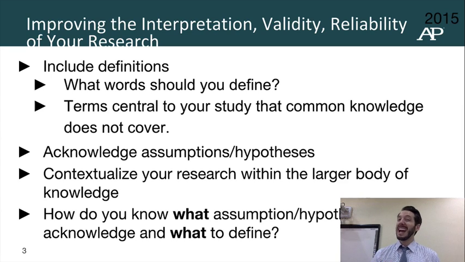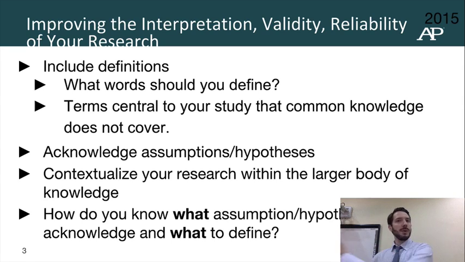Now, we're going to be doing an activity at the beginning of class that talks about why you need to acknowledge possible assumptions and think about assumptions as you are writing a research paper and as you're conducting your research. But a little bit of a spoiler, because I don't want to give too much away, the reason we think about assumptions is we want to make sure that the reader and you as the writer are on the same page.